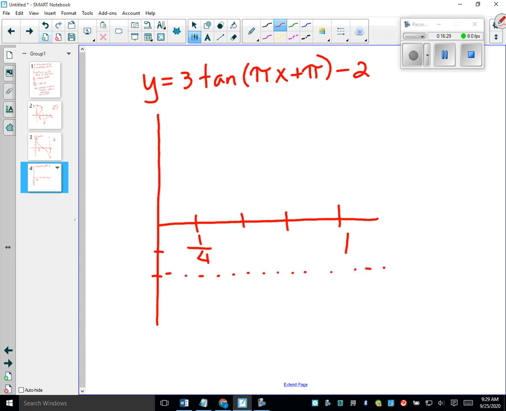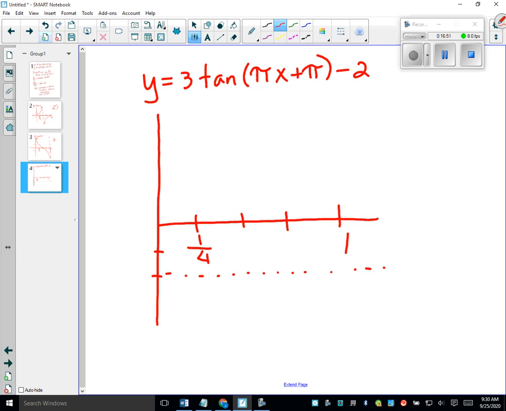And I just put that. That's the middle of the graph. That's why I put that. All right? Where is an asymptote? Number 2. What is 1/2?